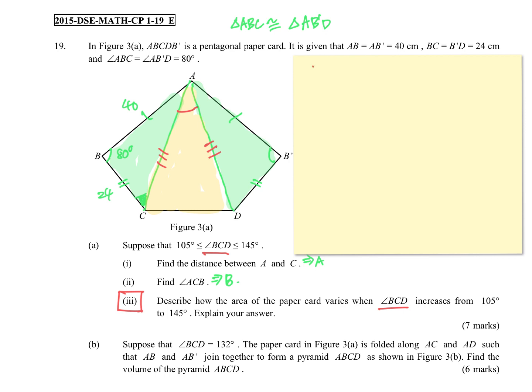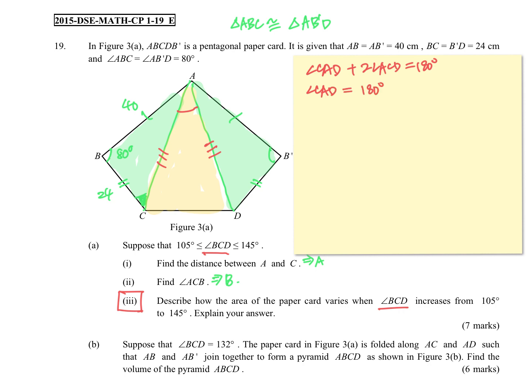First of all, angle CAD plus 2 angle ACD equals 180 degrees by using the base angles of an isosceles triangle.